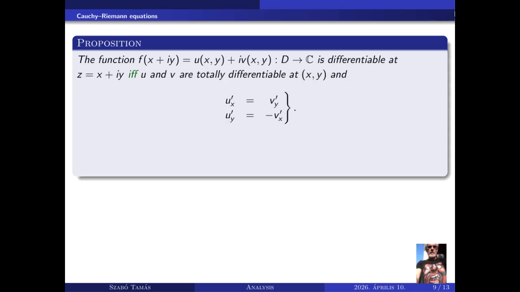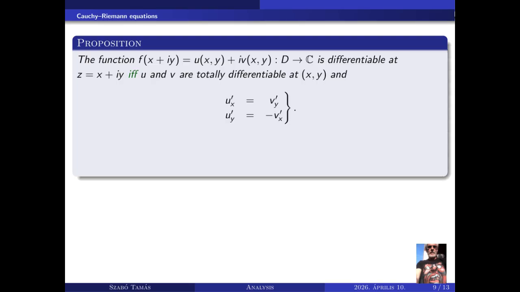Cauchy-Riemann equations. The function f(x+iy) equals u(x,y) + i v(x,y) from D to the complex numbers is differentiable at z = x+iy if and only if u and v are totally differentiable at (x,y) and u_x = v_y and u_y = -v_x.